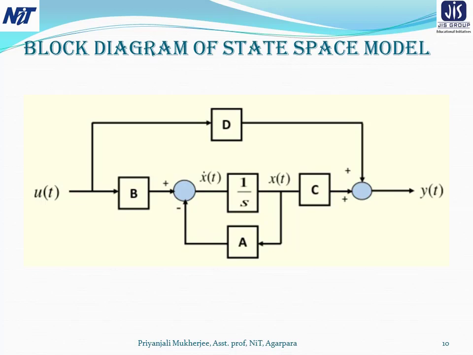From x we are giving the feedback A into x, plus B into u. Similarly, y equals C into x plus D into u. So this model represents the state equation as well as the output equation, and this is the block diagram representation of the state model.